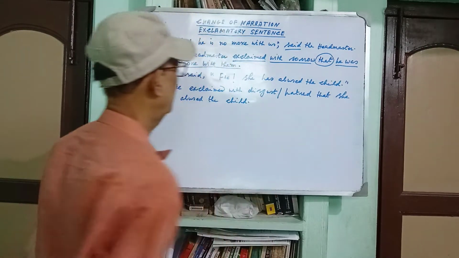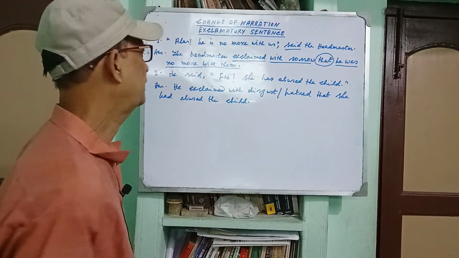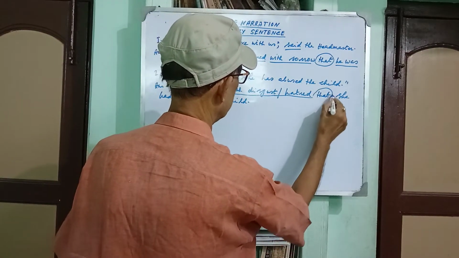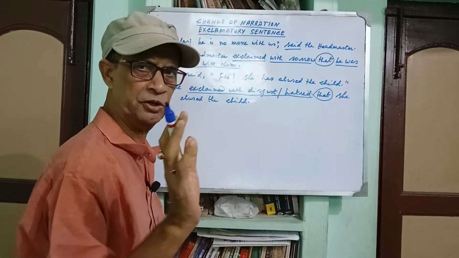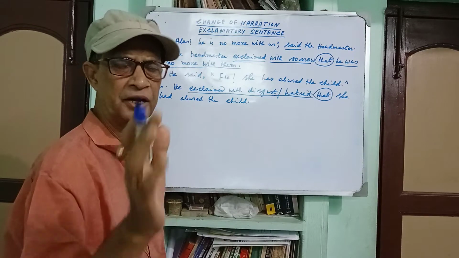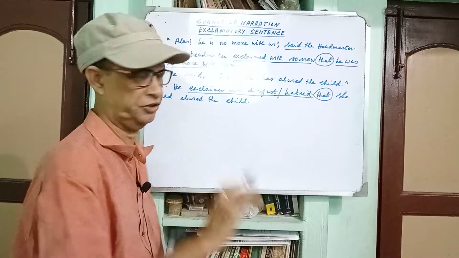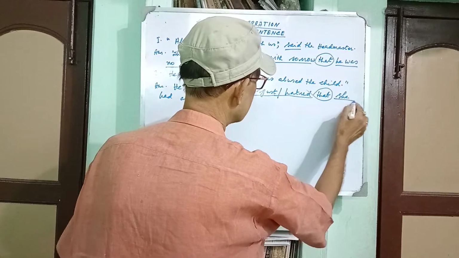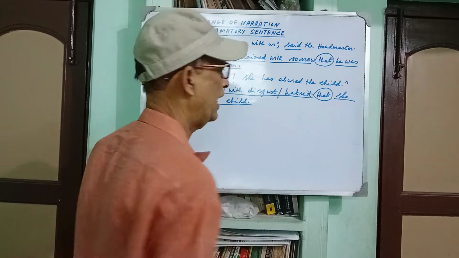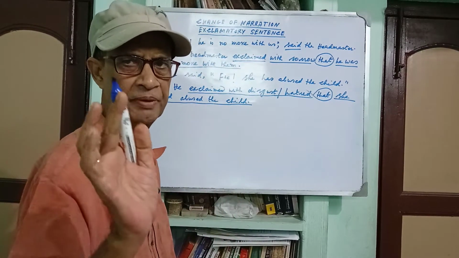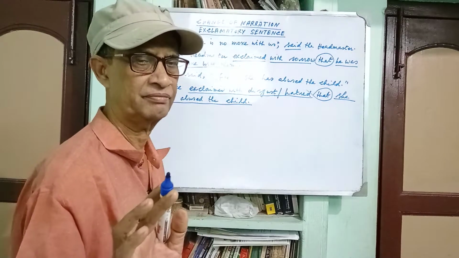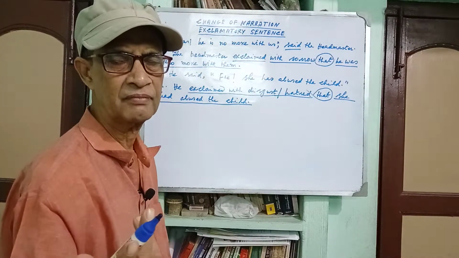Okay. You see that the reporting verb is exclaimed with disgust or hatred. That has been used as a conjunction because it has connected the reporting verb and the reported speech. Now the exclamatory sentence has been transformed into an assertive sentence or a statement. Please don't skip a single word that I am delivering for you.